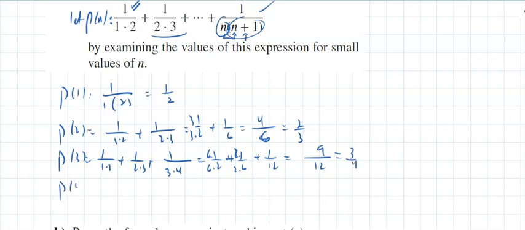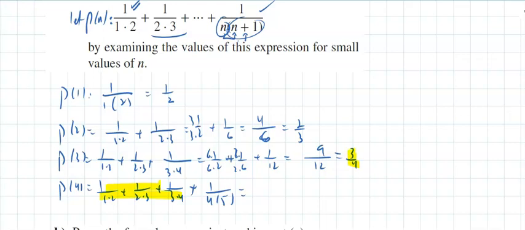Now if I want to go for P of 4, that is 1 over 1 times 2 plus 1 over 2 times 3 plus 1 over 3 times 4 plus, when you plug in 4, 1 over 4 times 5. You'll notice I already added the first three terms in the previous step.